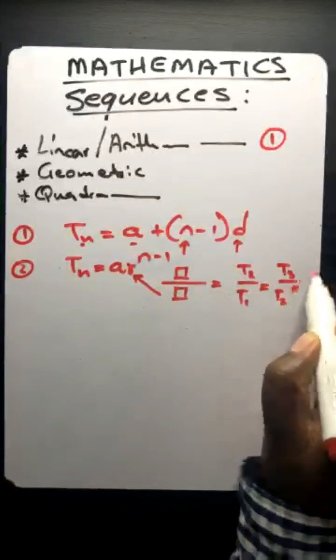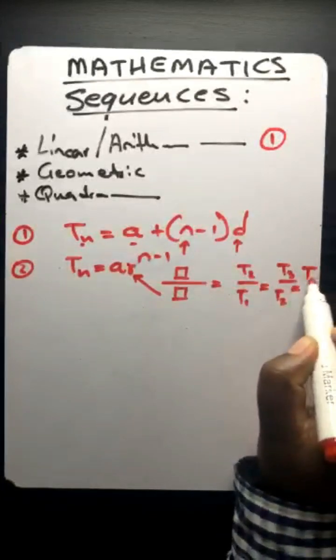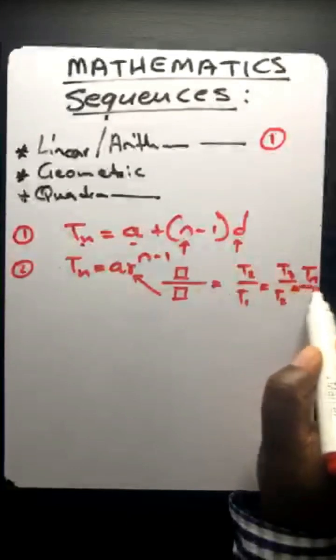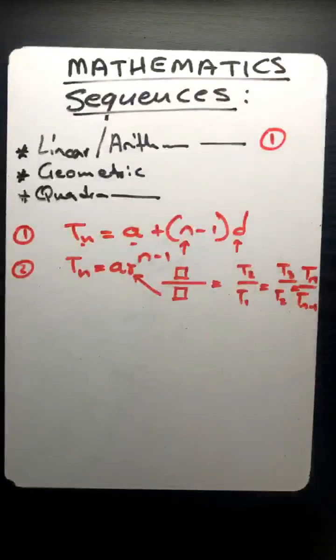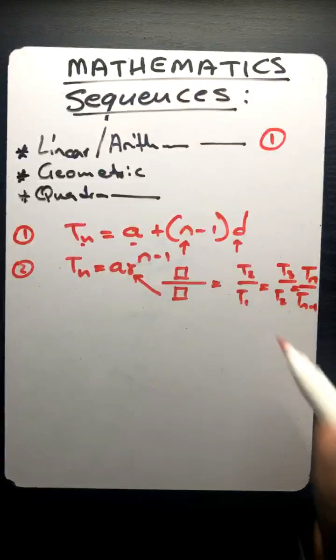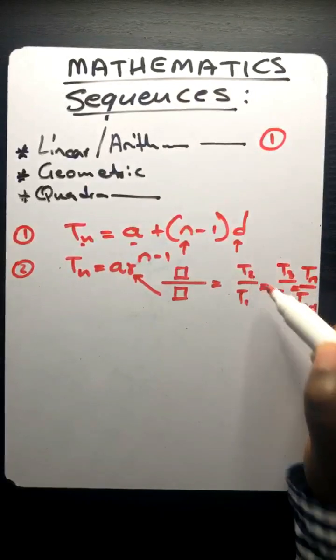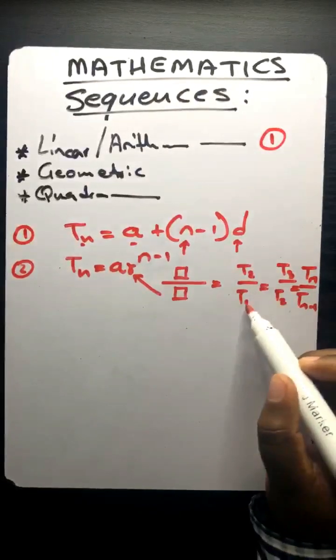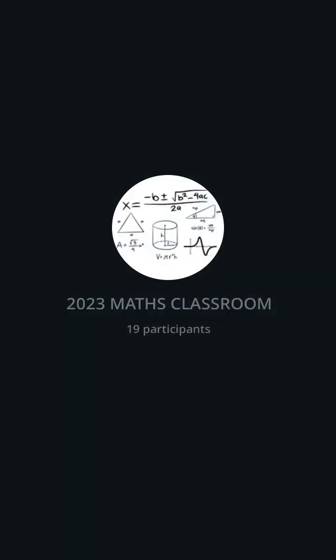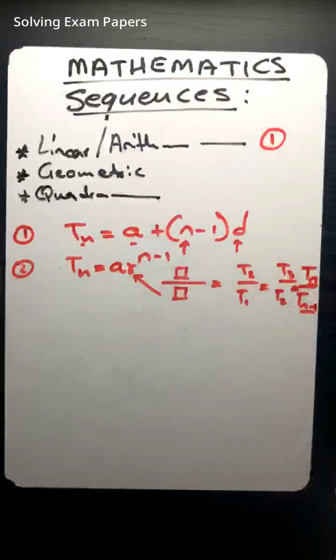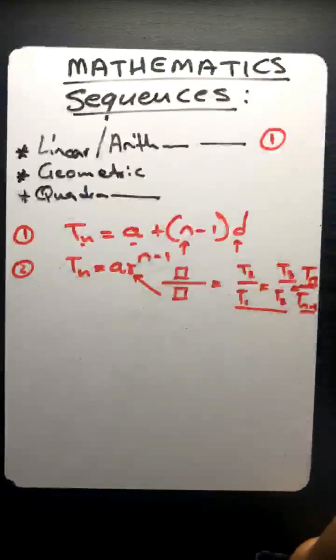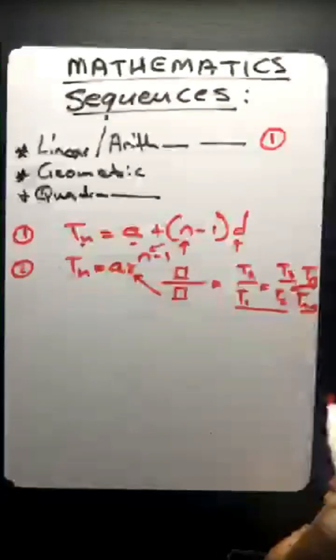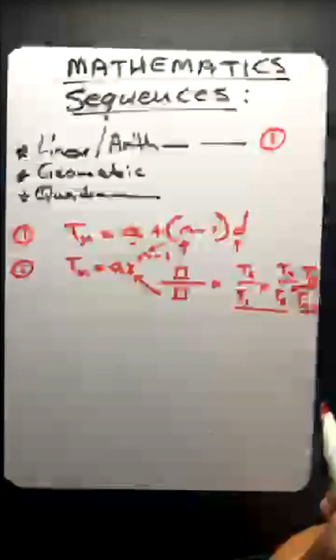To summarize, we take the term of the bigger number over the term whose number is that same number minus 1. For example, you have term 2, and then here it's 2 minus 1. It summarizes to say whatever term you have, the bigger one over the bigger one minus 1. The same explanation goes for geometric.